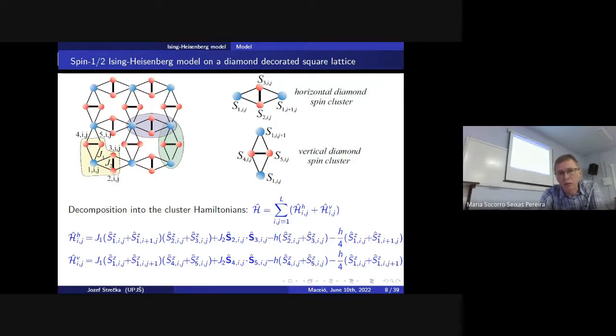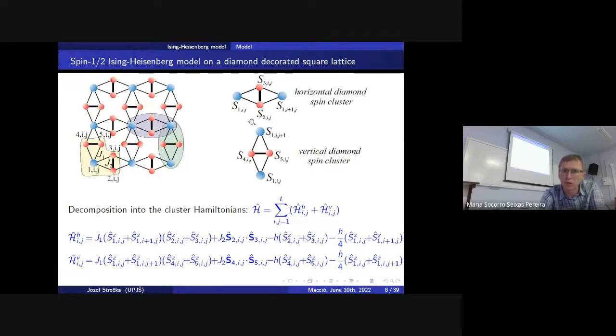The idea to find the solution of this model is as follows. The total Hamiltonian can be rewritten, or decomposed, as a sum of cluster Hamiltonians, so as a sum of such diamond clusters sitting on horizontal and vertical bonds. And this is the definition of such a single cluster Hamiltonian.